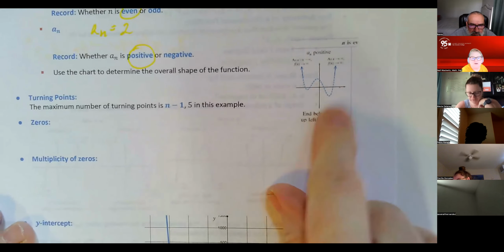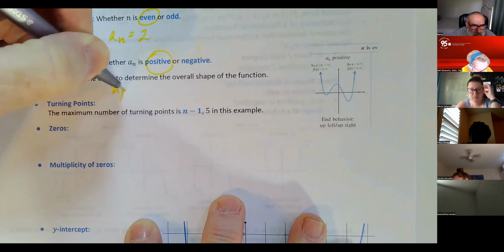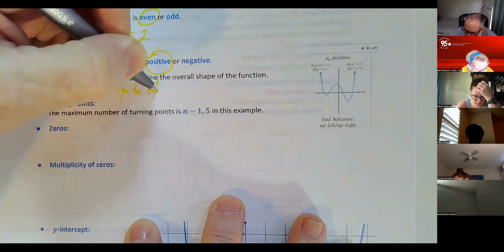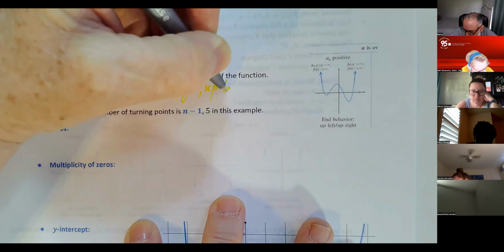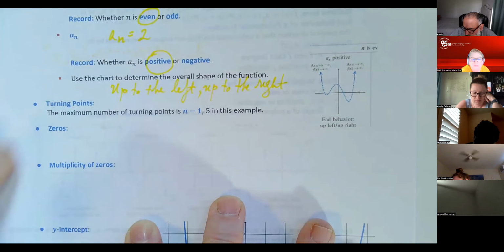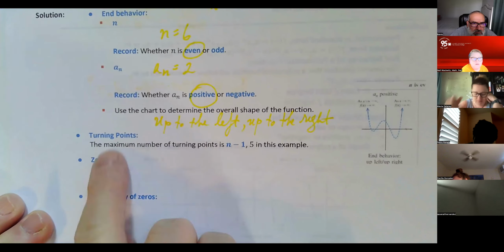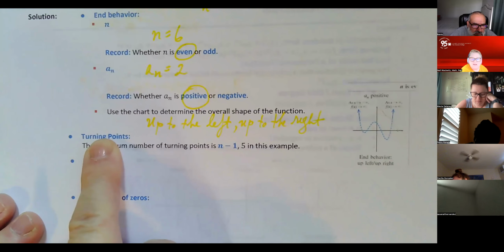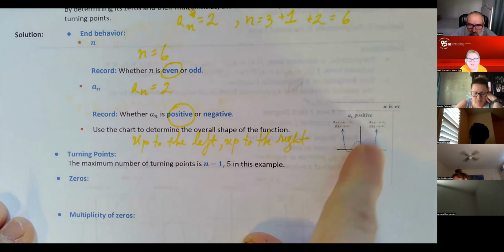So here's a little picture of it. Our end behavior, up to the left, up to the right. The number of places where this thing turns, can you see in the graph, it's turning.